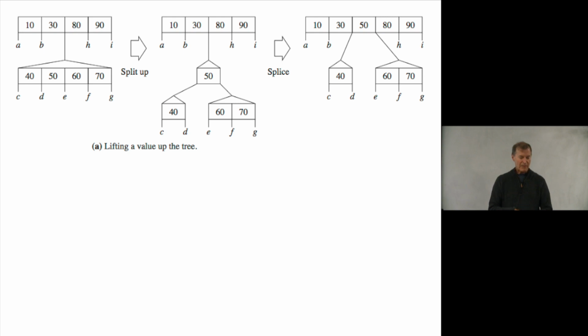Now one thing that might not be maintained is the size restriction on the number of values in the root. Do you see that it got bigger? So that particular one we'll have to deal with as a separate issue. Now, question?